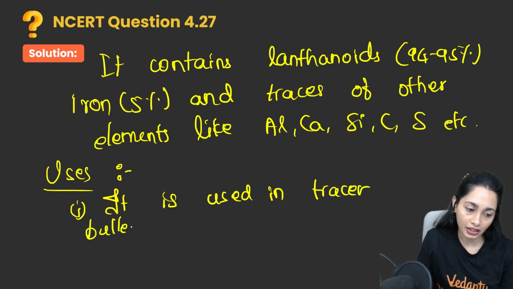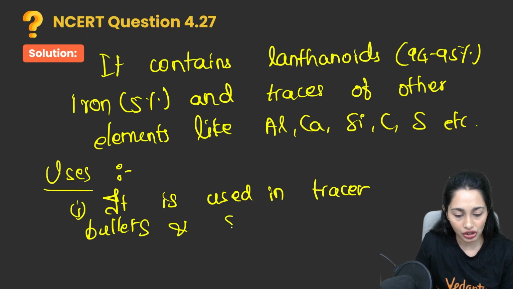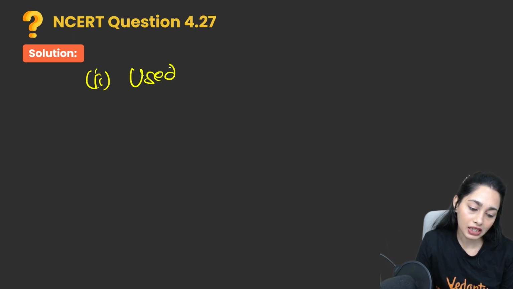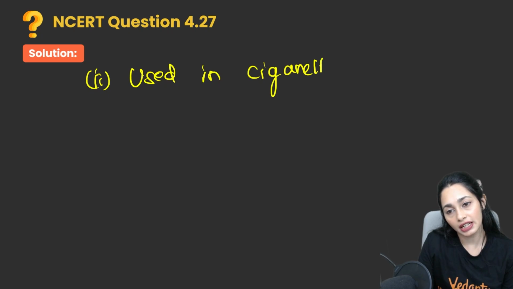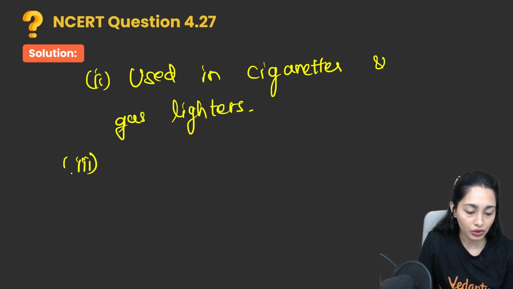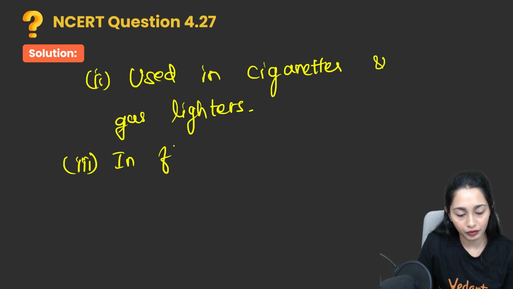In bullet making, it is used in bullets and shells, and used in cigarettes and lighters, gas lighters. It is also used in flame throwing tanks.